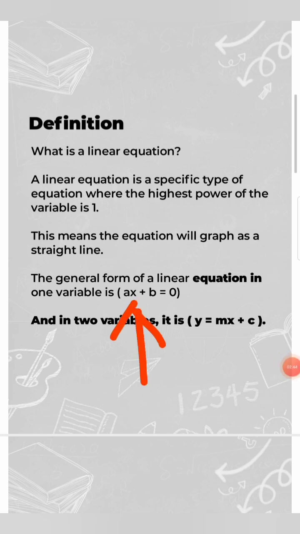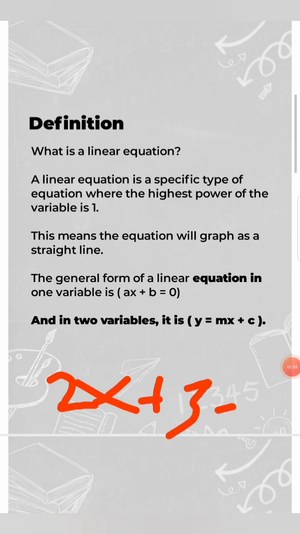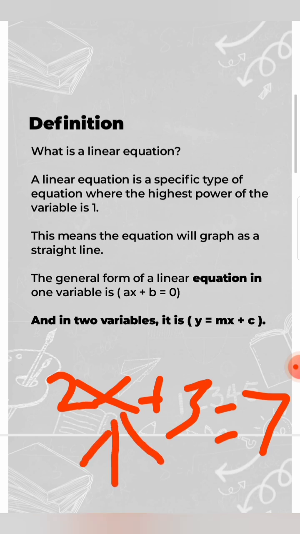Remember the first example I showed us, 2x plus 3 equals 7. Now the variable there is the x, and the power of this variable is 1. It is not written because it's not needed, and so this is what we call a linear equation.